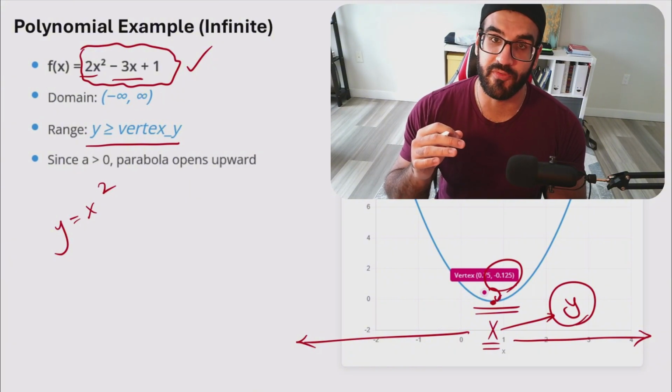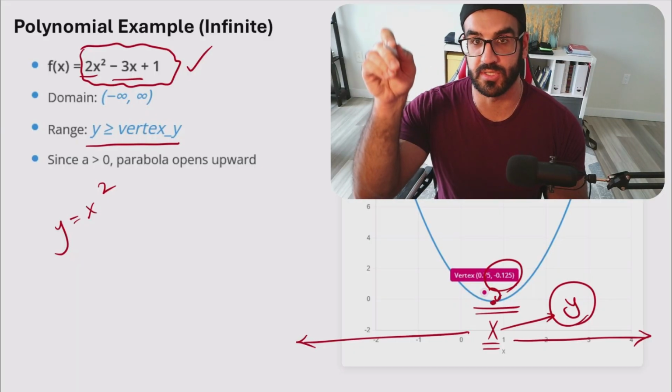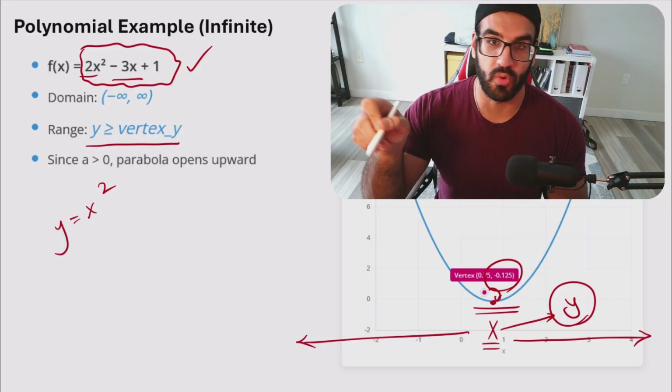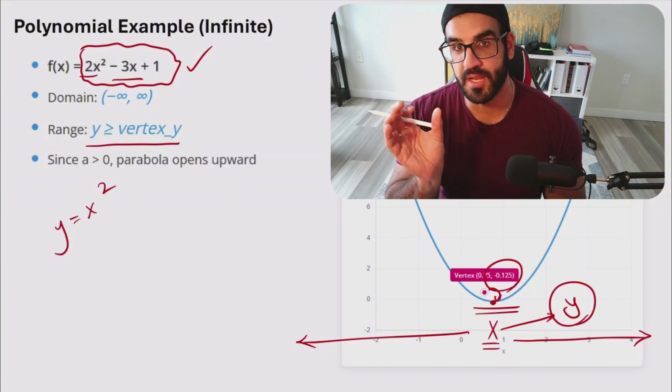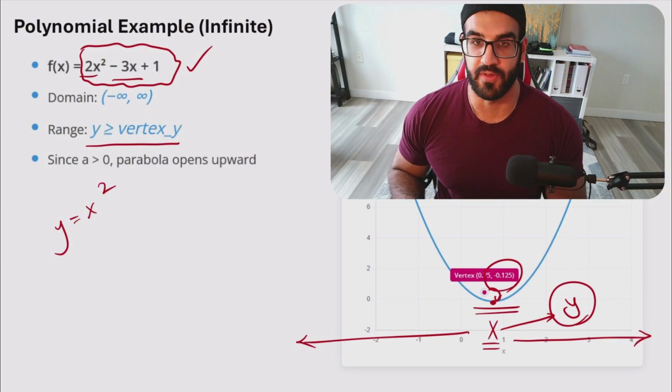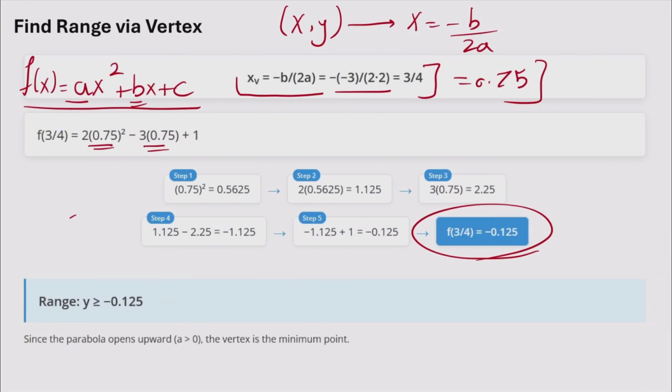I know for a fact that since this curve is like this, and again I will talk about why the curve is like that and not like this or that, don't worry about it, it's going to be from the minimum value to +infinity. This way I can find my range itself.